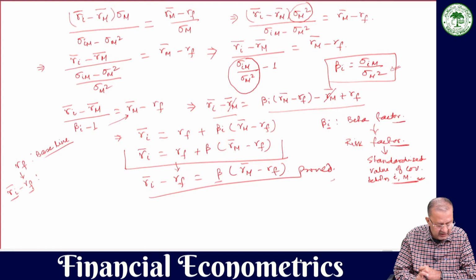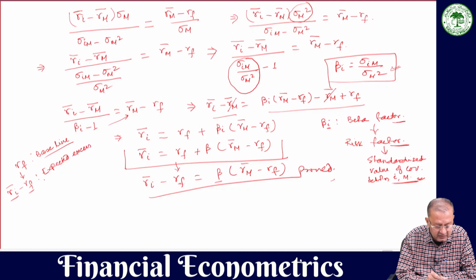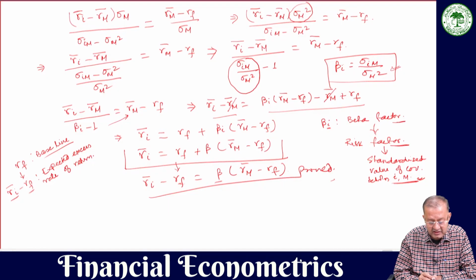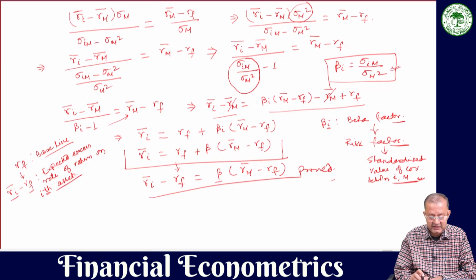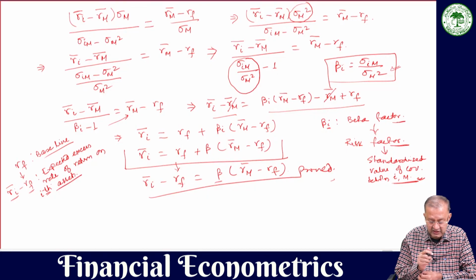This is called the expected excess rate of return on the ith asset.